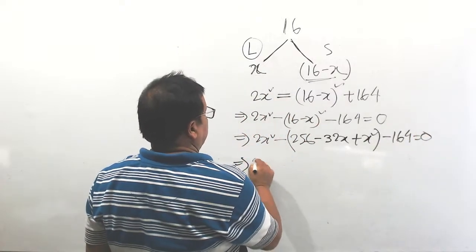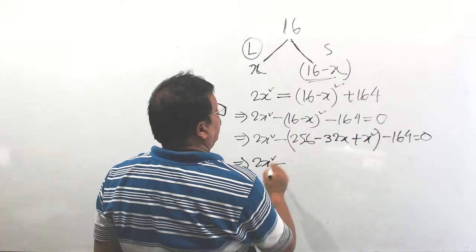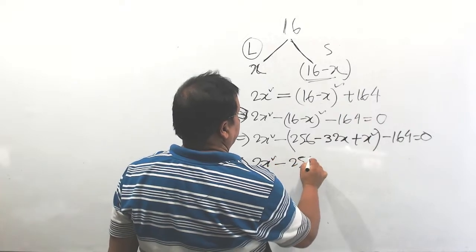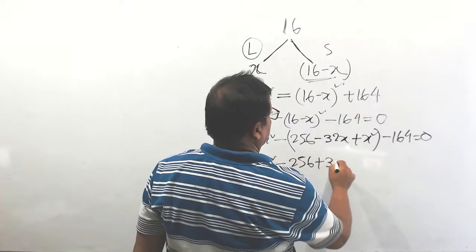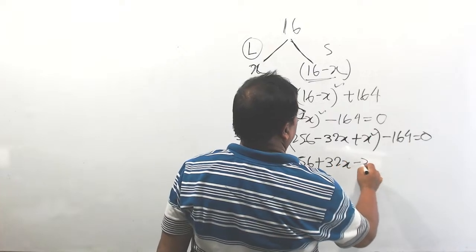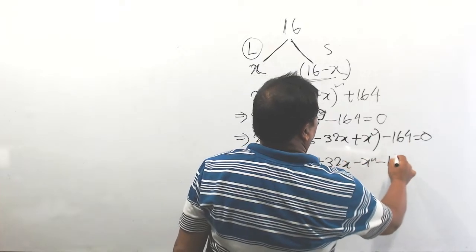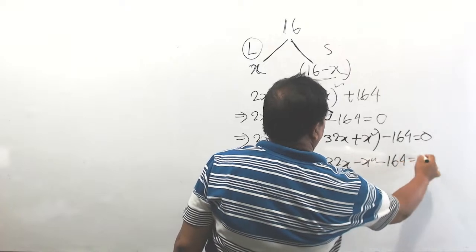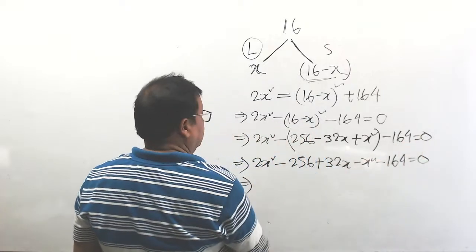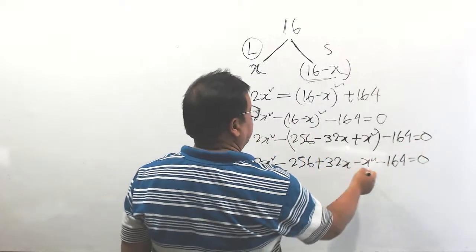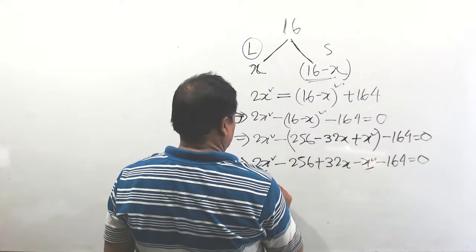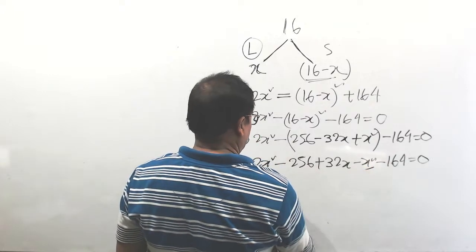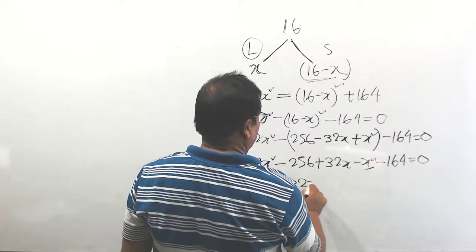This is equal to 2x square minus 256 plus 32x minus x square minus 164 equal to 0. This implies 2x square minus x square, that means x square plus 32x.